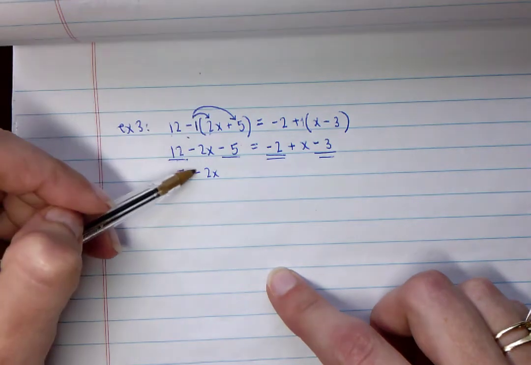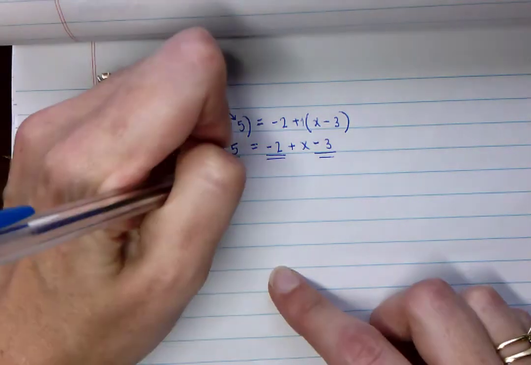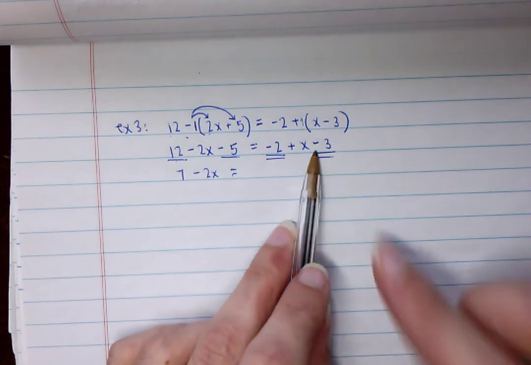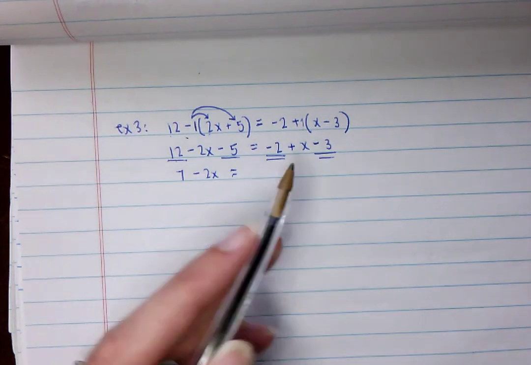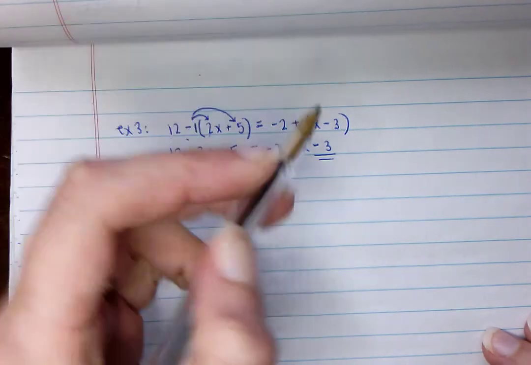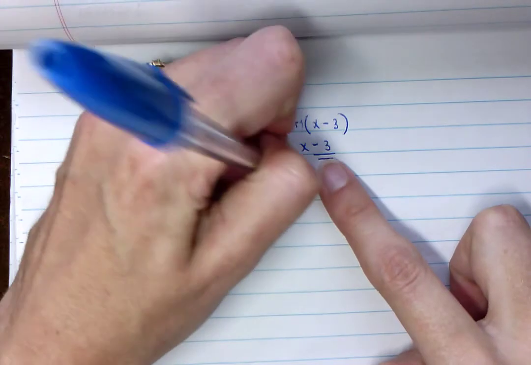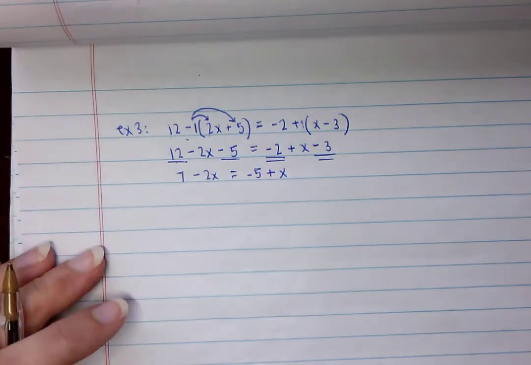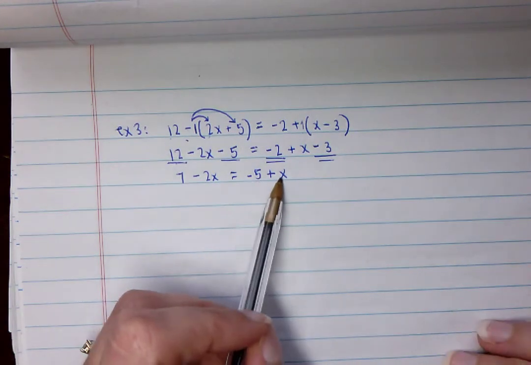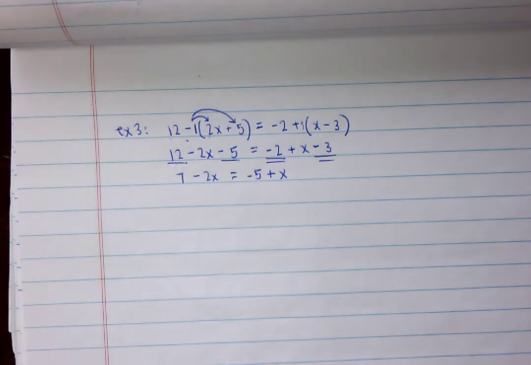We just rewrite this one; it doesn't have a like term. Over here, -2 minus 3 is a -5. So we've got a -5, and we've got plus x. It's okay if you rewrote those in slightly different order. You could have said x minus 5.